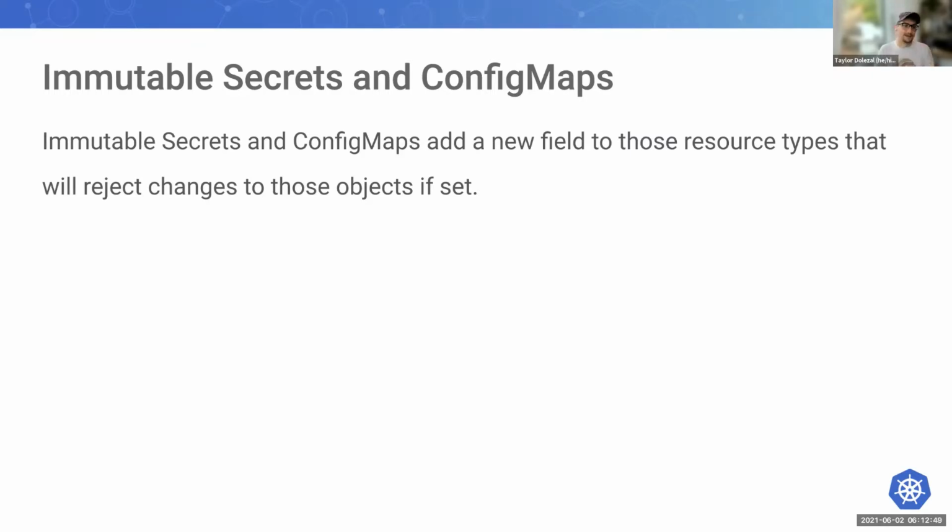By making these immutable, you get some benefits when scaling up your pods, your deployments, and your cluster, as it references these objects. If you can signal that it is immutable, it makes that experience quite a bit easier because it doesn't have to keep checking for updates or anything of that nature. So it's a nice enhancement if you can leverage it.